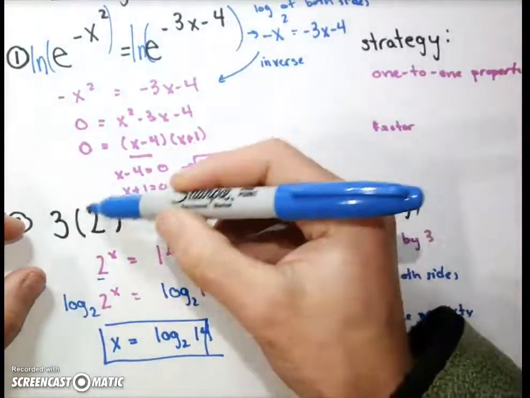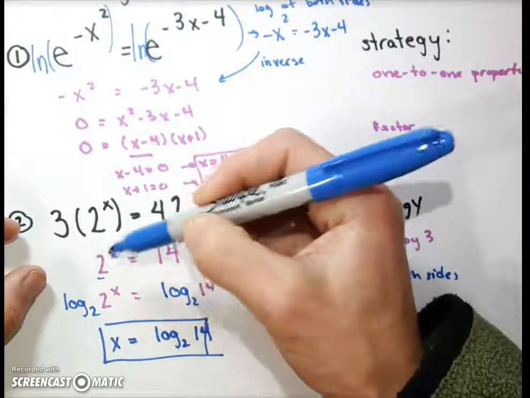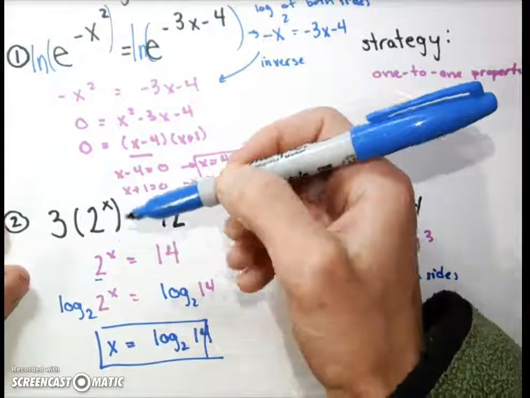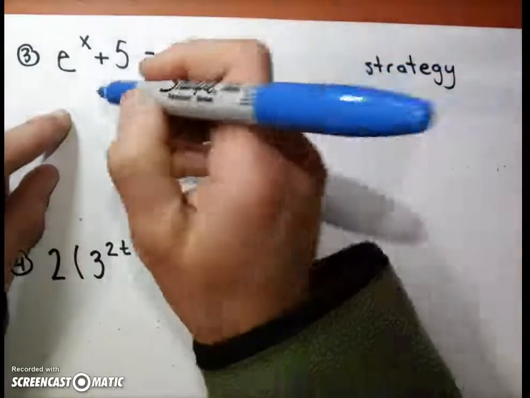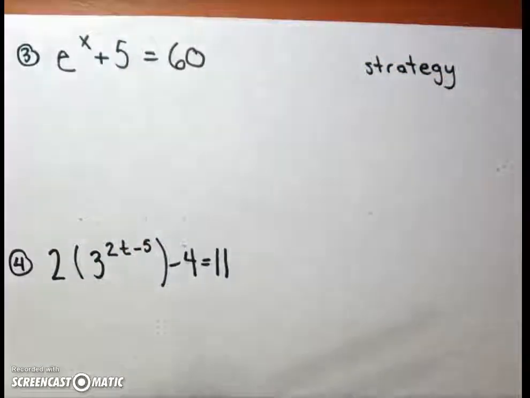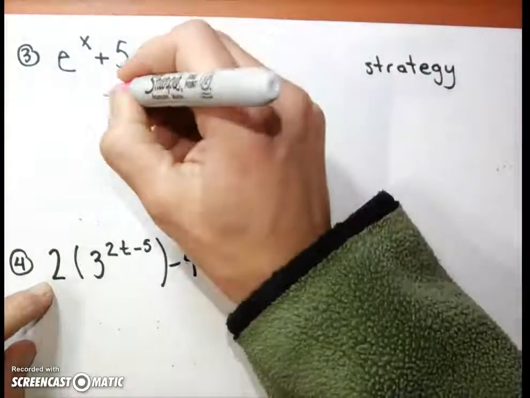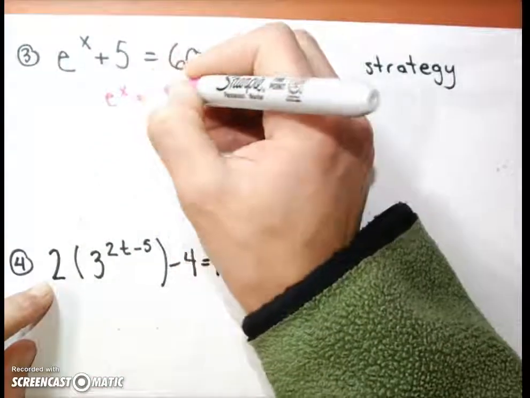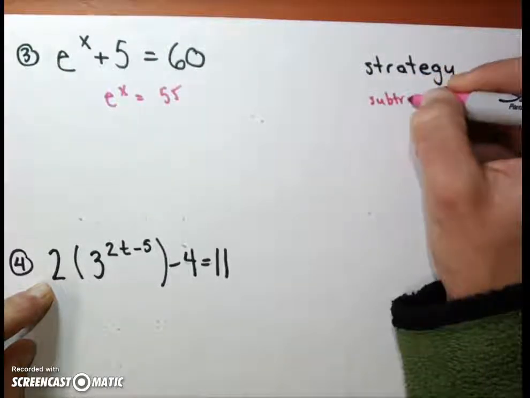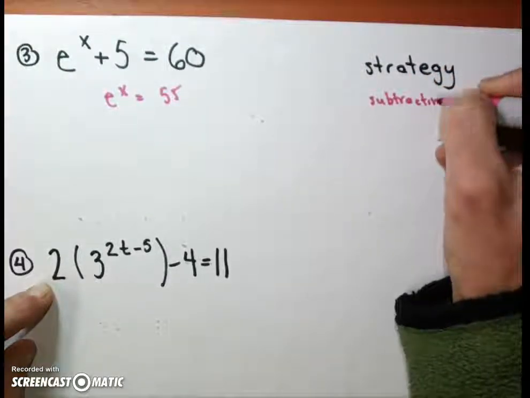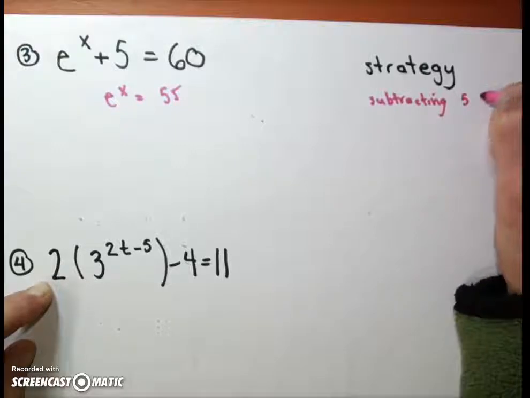You can treat the whole exponential term as the variable, and then we'll take a log of both sides at the end. So my first step is going to be to bring over the 5. So I'll have e to the x equals 55 just by subtracting 5 from both sides.